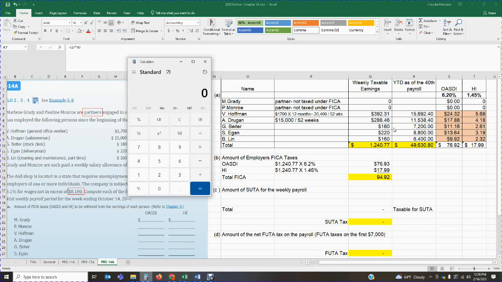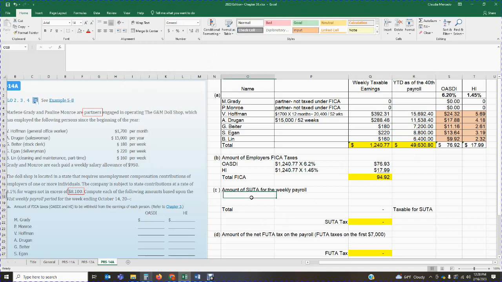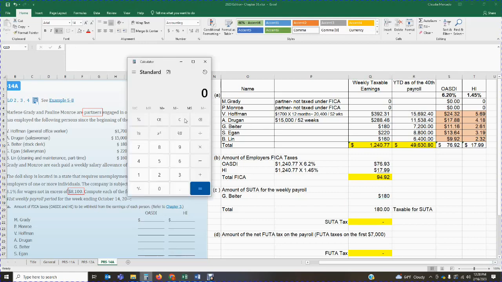So that means that all of the wages for Beater, okay, are going to be taxable, the entire 180. Why? Because Beater still has quite a bit to go. Beater, my cap is $8,100. Beater has earned $7,200 as of last paycheck.